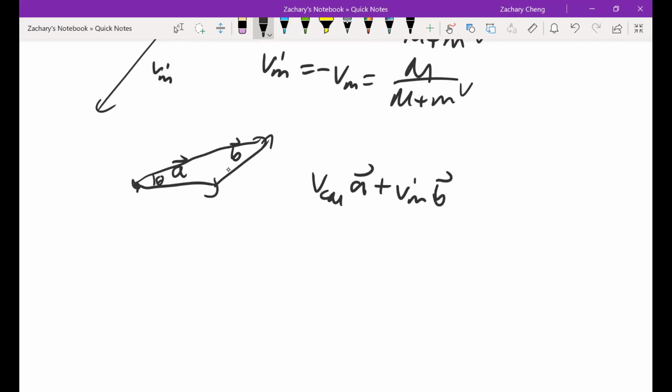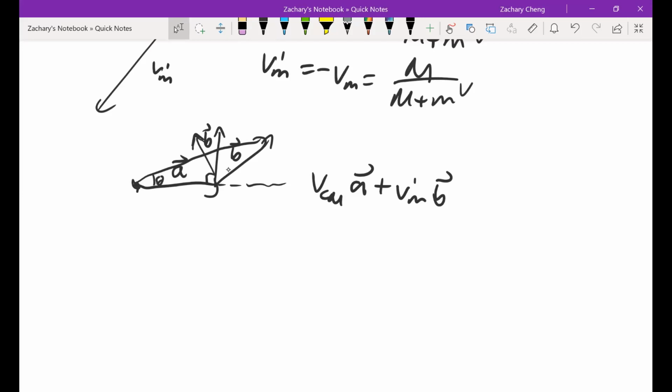Well, we can see that when the angle B makes with the horizontal is acute, obviously that's going to be smaller than the maximum, and the maximum is when A and B are perpendicular. Now, B can't go the other way, because this is B in the center of mass frame, and if it were to go that way, its original velocity would have to be negative in the other direction.